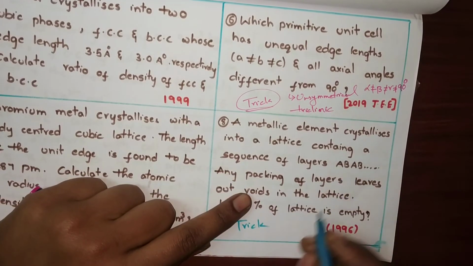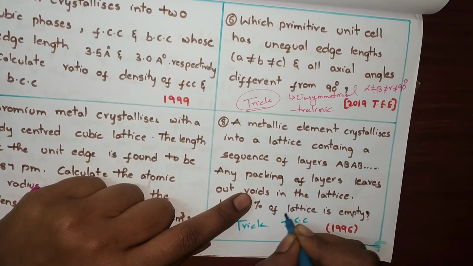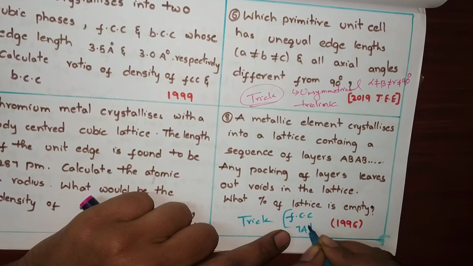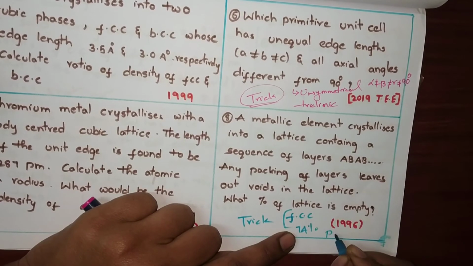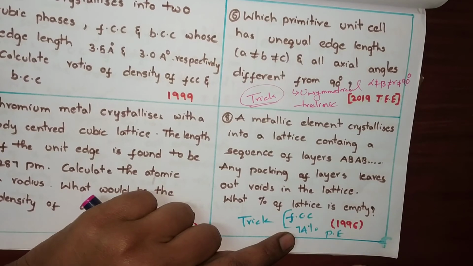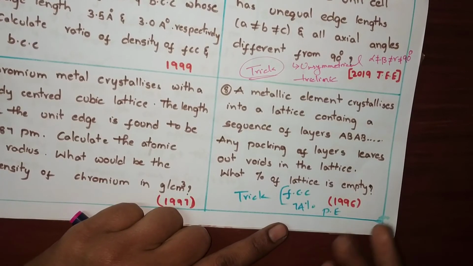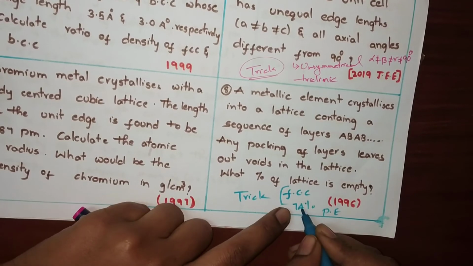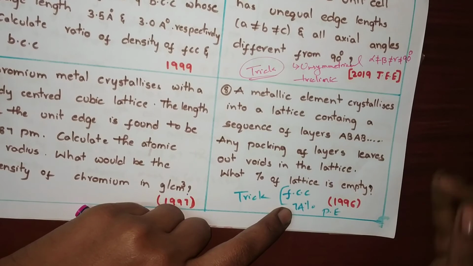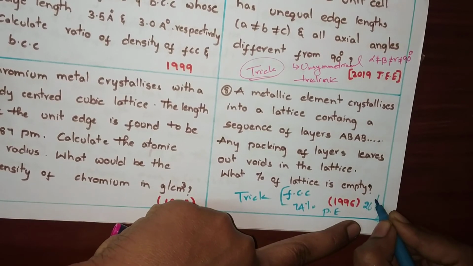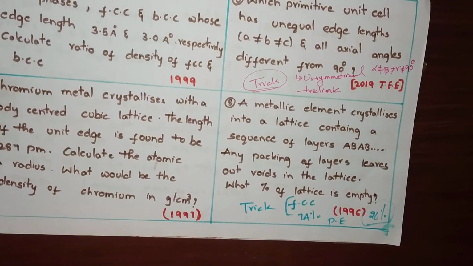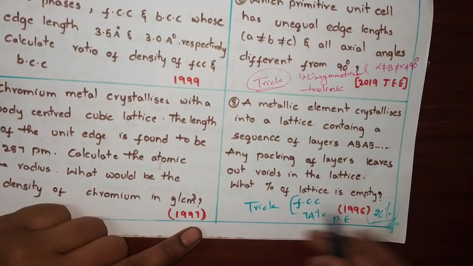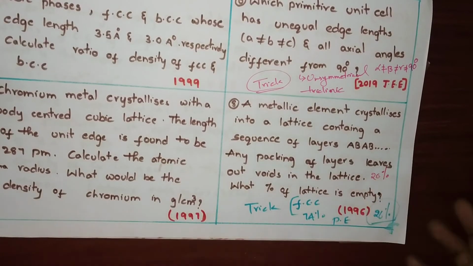See, this is FCC, right? For FCC, I know the packing efficiency is 74%. Packing efficiency means the space filled by the particles. Suppose out of 100%, 74% is filled with particles. It means the remaining 26% is empty. So we asked for the empty space. It is 26%.